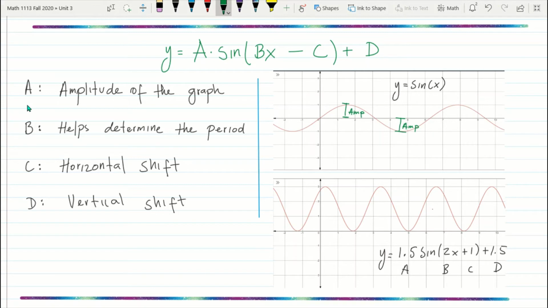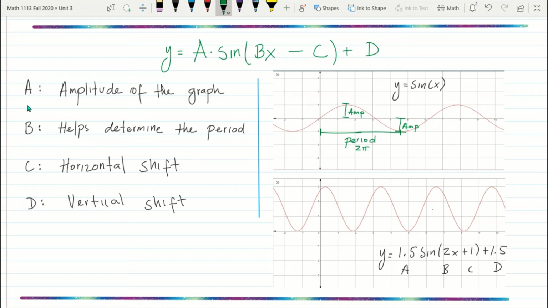B is going to help you determine the period. So the period is going to be one full cycle of the graph, right? So that is a period, and the period for sine is 2 pi, okay?